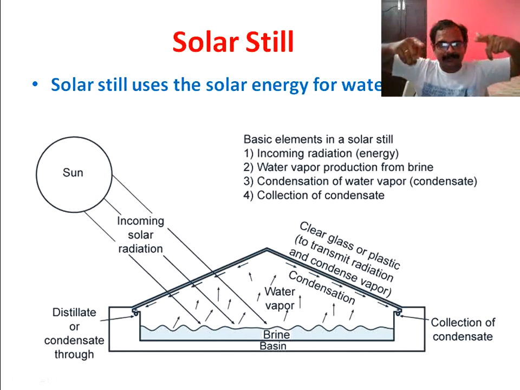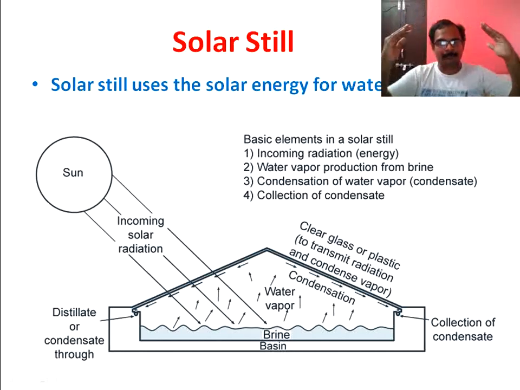This fresh water will be collected at the distillate or condensate troughs, which are arranged at both sides of the solar glass frame. This is how the fresh water will be collected.